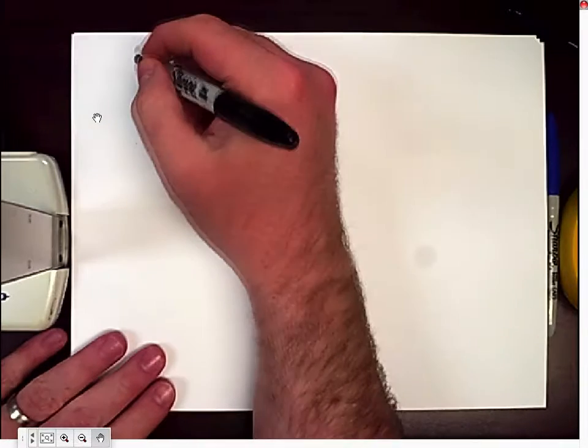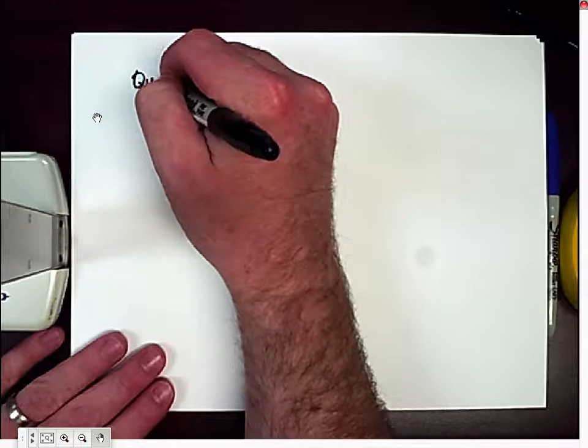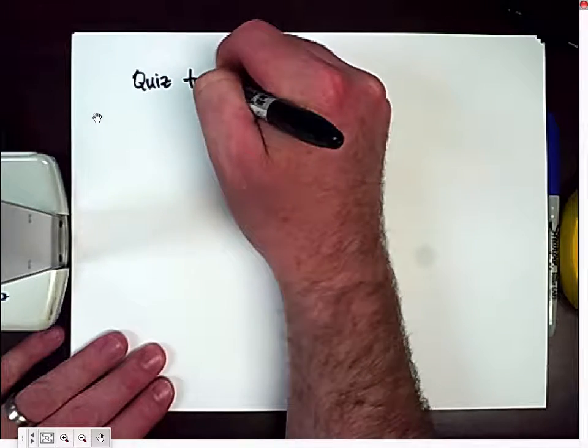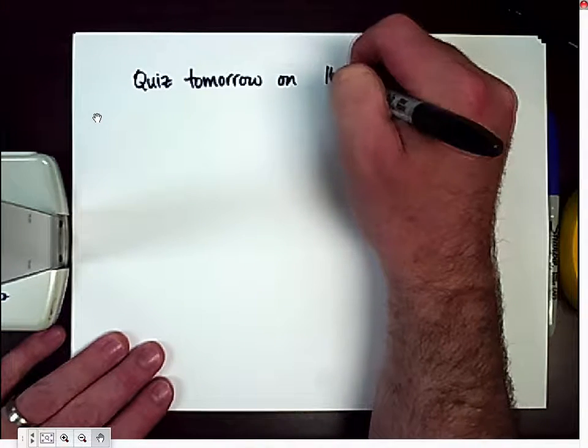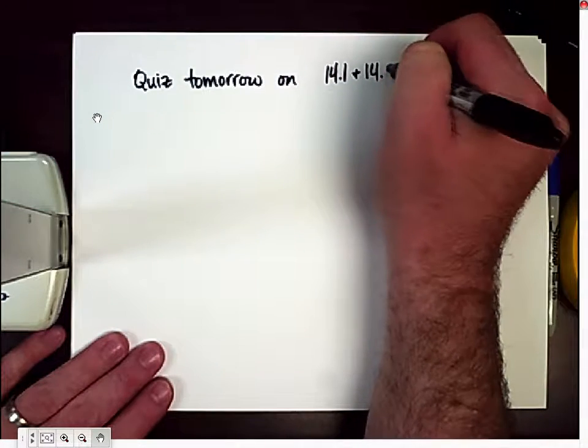All right. So we're starting 14.3 today. We're technically a day behind, so I've got to figure out a day to catch up, but today is not one of them. You're going to have a quiz tomorrow on 14.1 and 14.2.